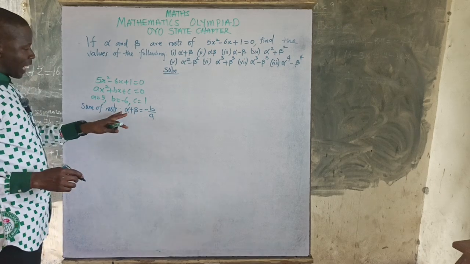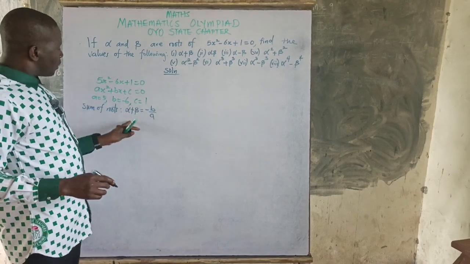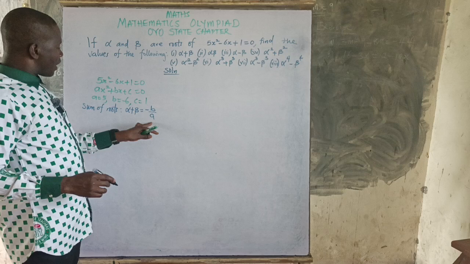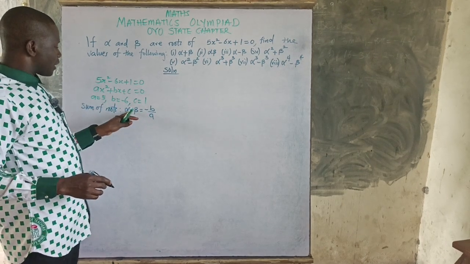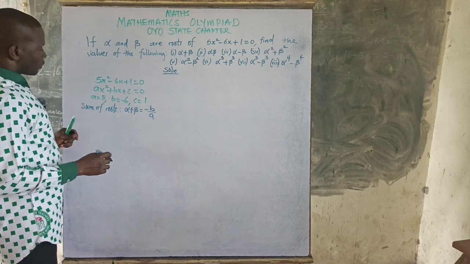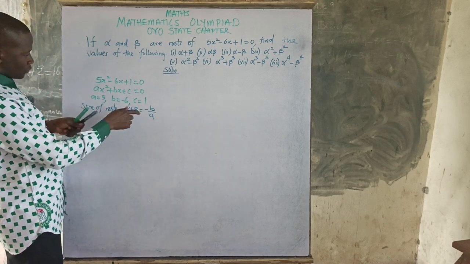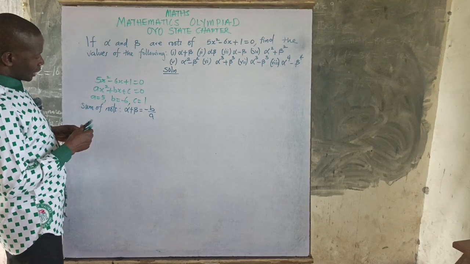I made a video on how we got minus b over a using the general form of the quadratic equation, so you can go and watch my previous video and you are going to understand.